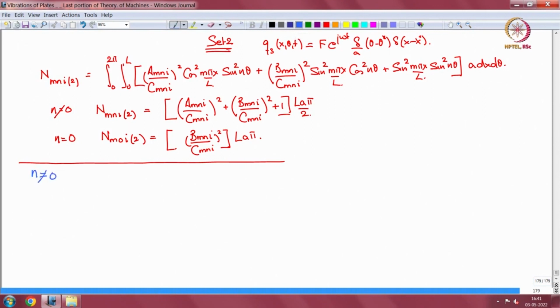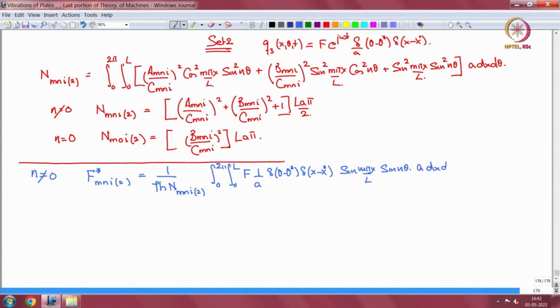n not equal to 0, f star m n i 2 is 1 over rho h n m n i 2, integral 0 to 2 pi, integral 0 to L, of f without the time, because it is harmonic, 1 by a delta theta minus theta star, delta x minus x star, sin m pi x by L, sin n theta, a dx d theta.